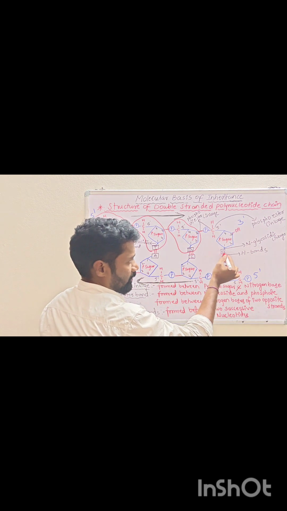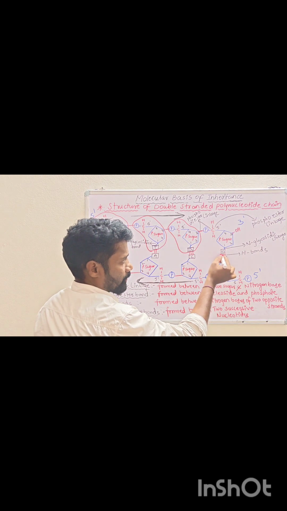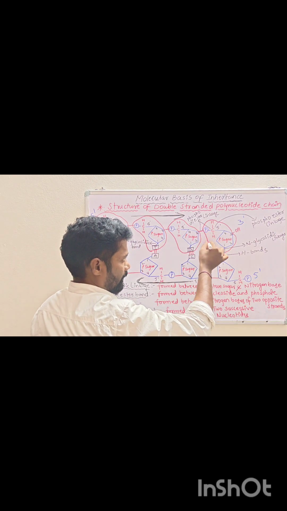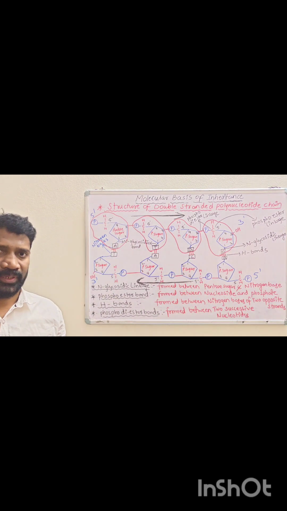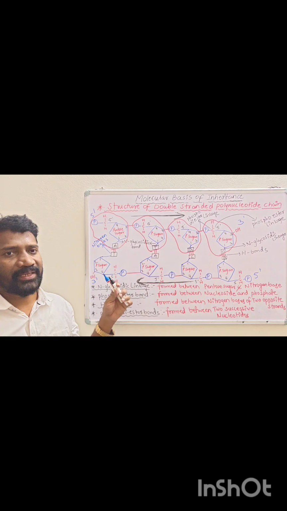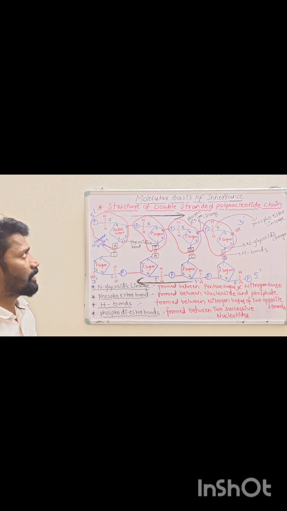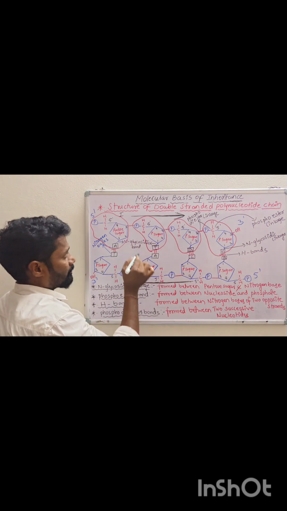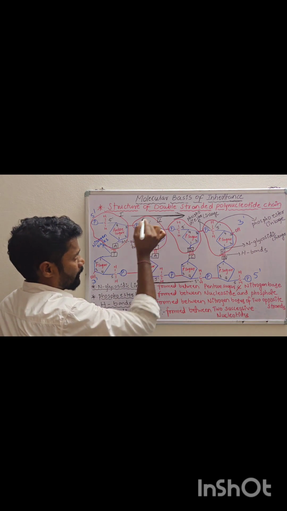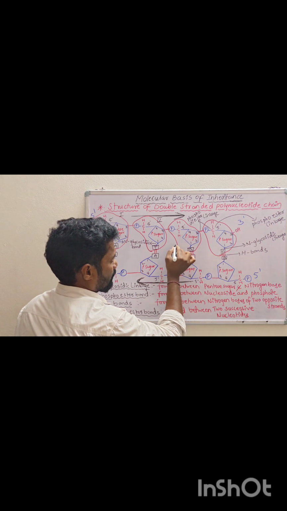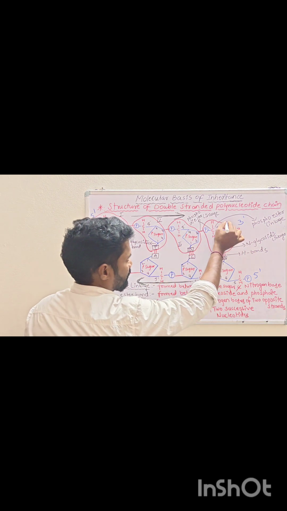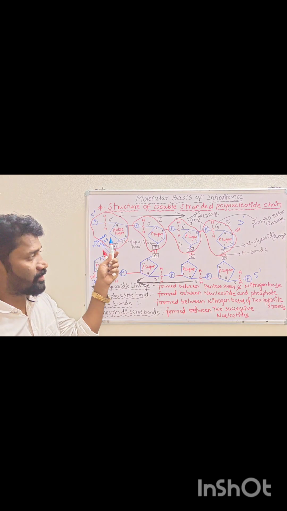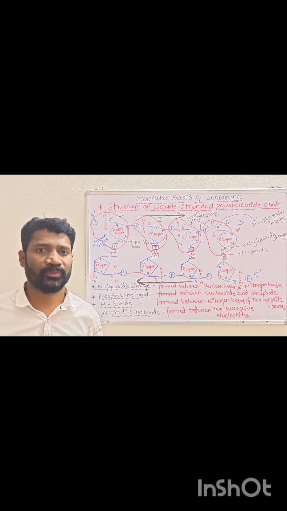Here also C for the nitrogen base, cytosine, with pentose sugar and phosphate. It is another nucleotide. In total, how many nucleotides are there in this chain? Four nucleotides. This is the first nucleotide of this chain, this is the second, this is the third, and this one is the fourth, the last nucleotide.